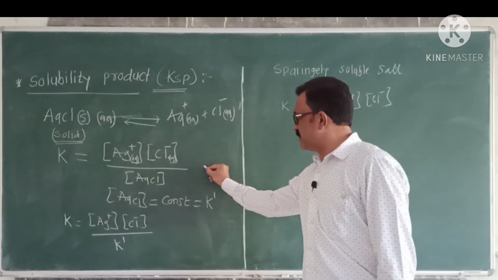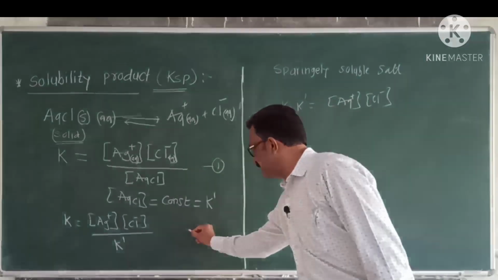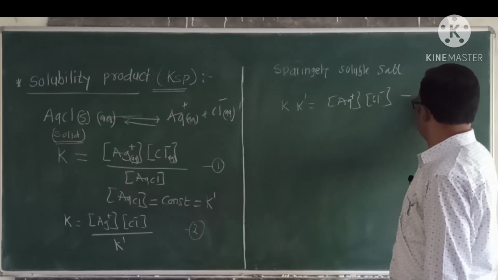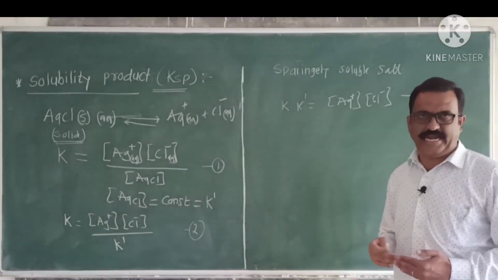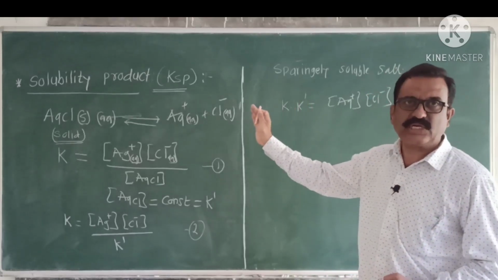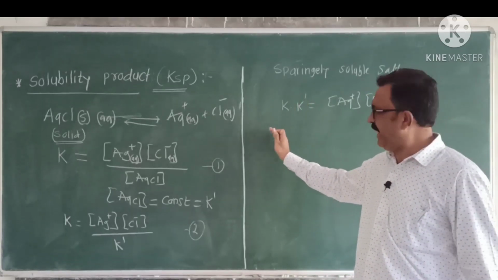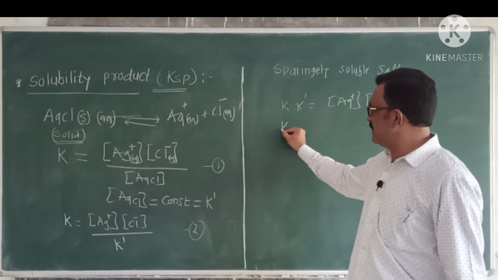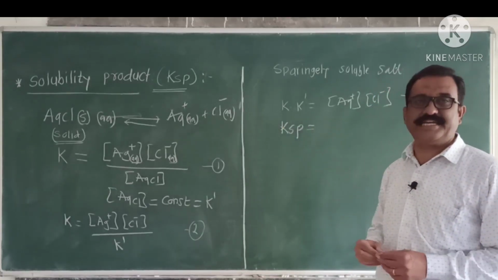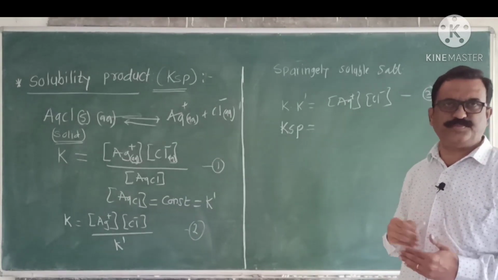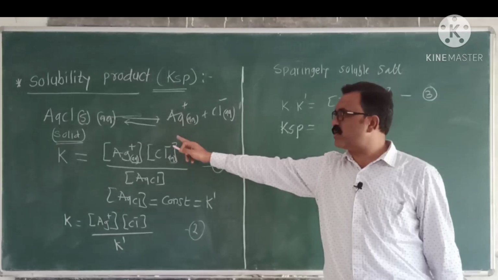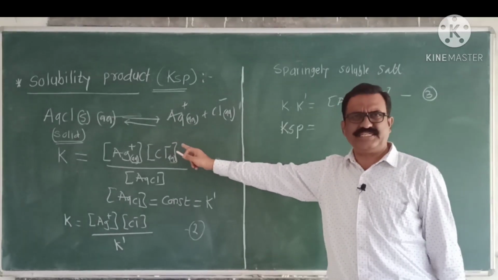Suppose this is equation number 1, this is equation number 2, this will be equation number 3. We know that one constant multiplied by another constant, that is K into K dash, is a new constant represented by KSP. KSP means the solubility product of silver chloride AgCl.